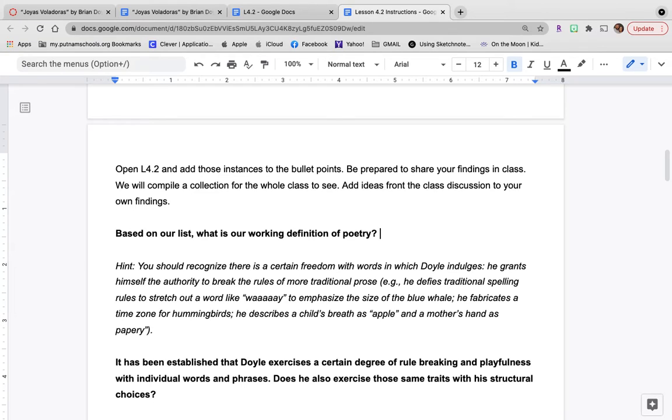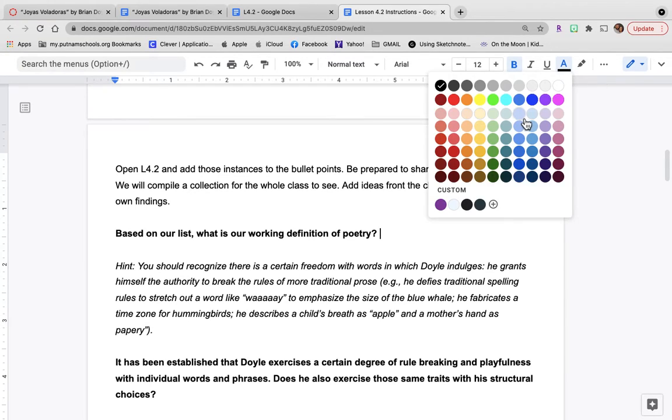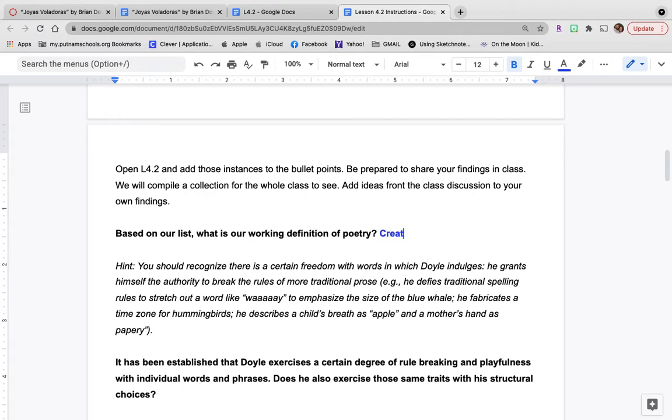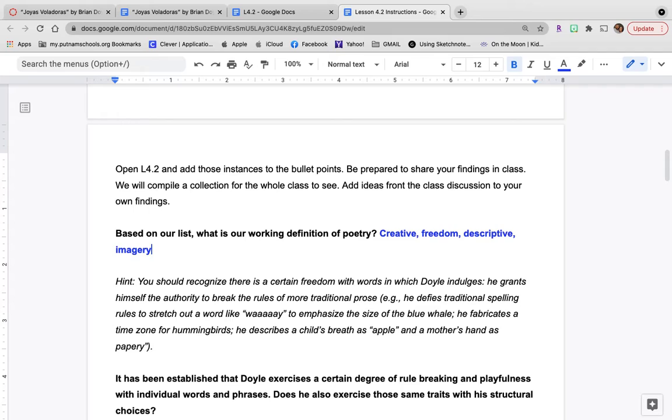These words have a very, I'm going to change the font color to this, a very creative tone. We're going to use that word freedom. Very descriptive. A lot of imagery is here as well.